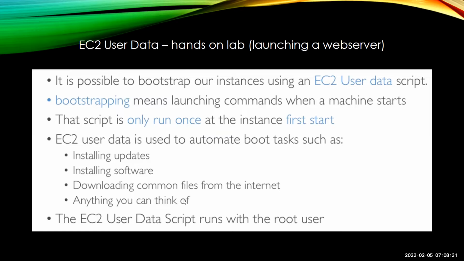So user data is something that runs once our machine is booting. During that time, if you want to install some software or some basic requirement should be there, like, once my machine is ready, I want some minimum things. Maybe one programming language should be there, one antivirus software should be there.